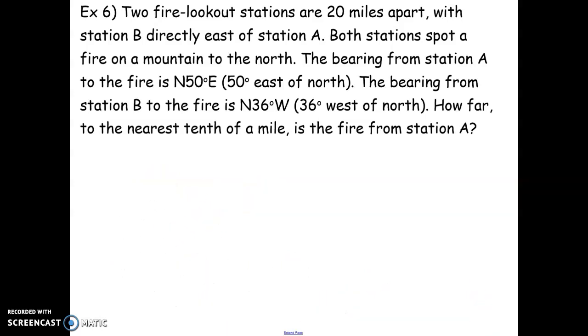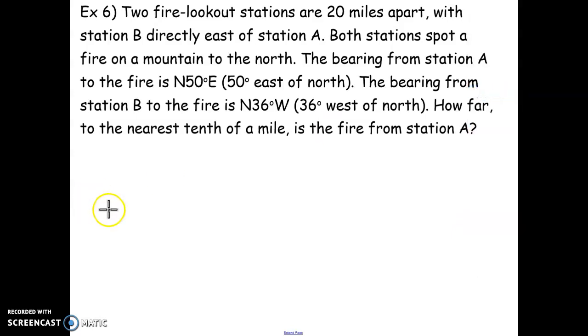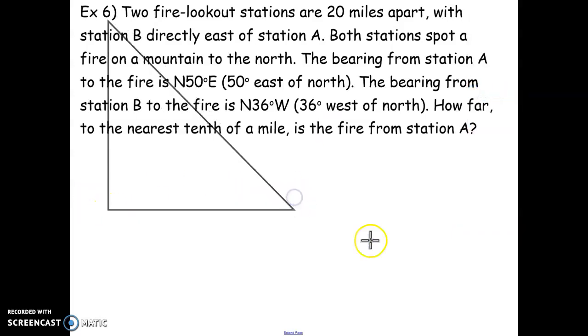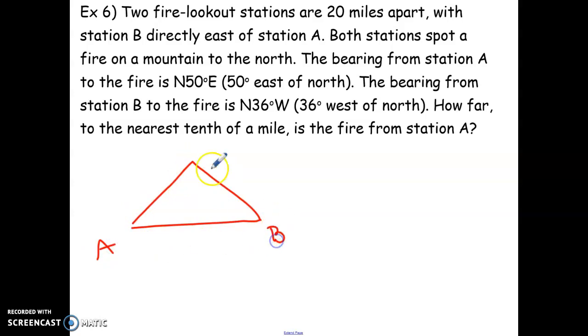Okay, so imagine there's a fire on a peak. So it looks like this. We have A and we have B, and then there's your fire up here.